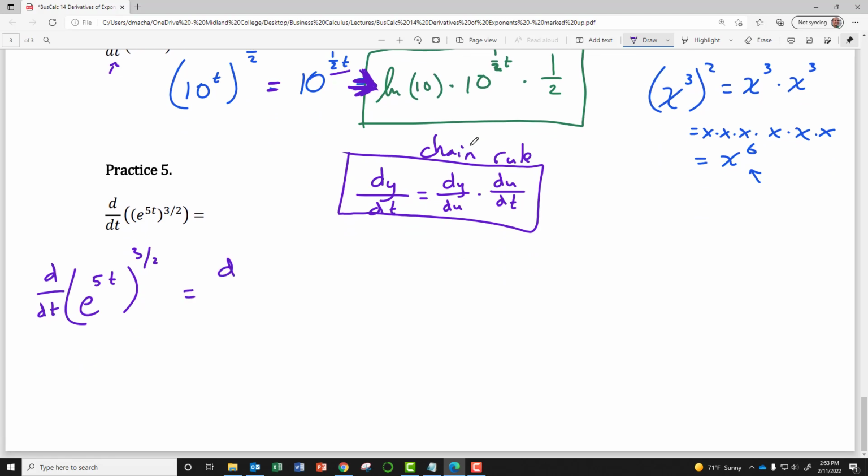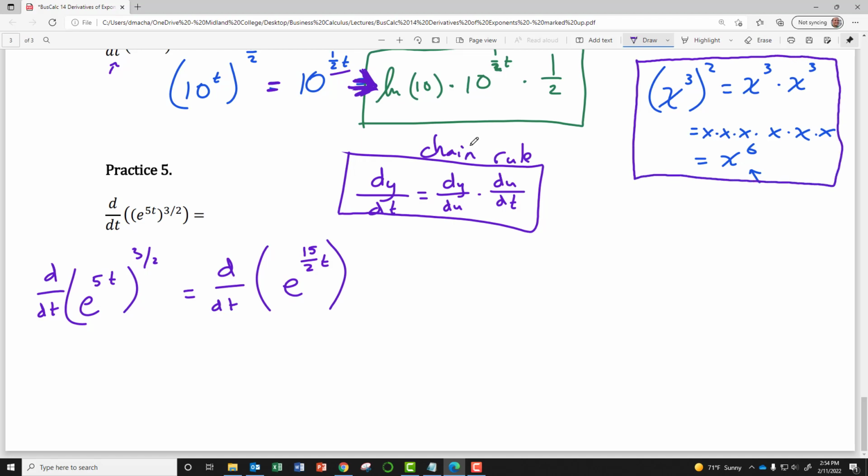This is the same thing as the derivative with respect to t of e to the power 15 halves t. Now, why do I say 15 halves t? It's because if I choose to take two exponents consecutively, I can just multiply the two exponents, right?